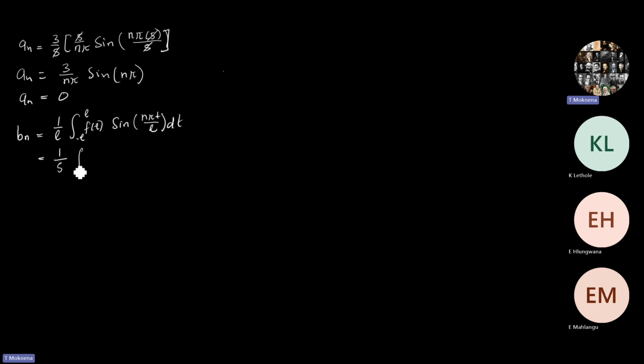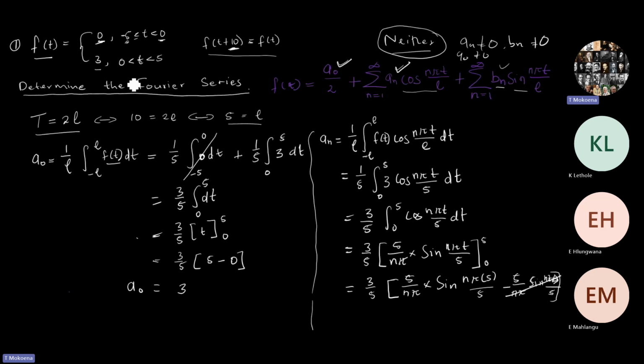The integral of, again, we go back to our function. This is our function. We don't need the 0 part because we know automatically it's going to give us 0. So I'll just take 3. So the function is 3, the lower bound is 0, the upper bound is 5.